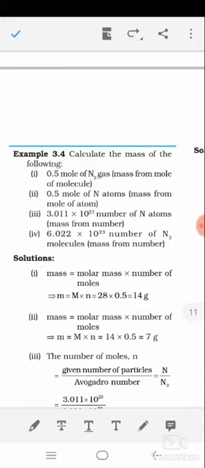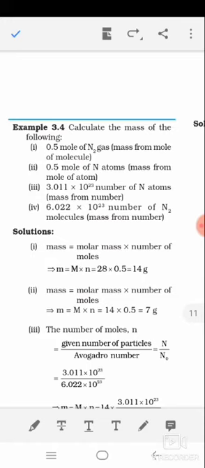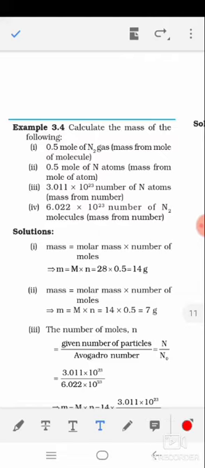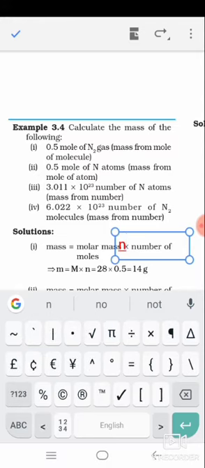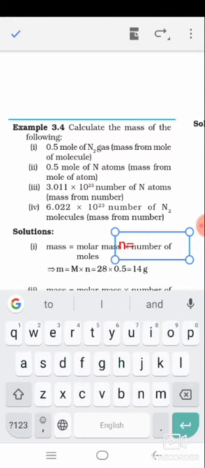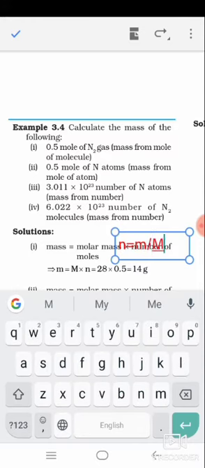So please remember our equation: n is equal to given mass divided by GMM or GAM, meaning given mass divided by molar mass. By using that, you can arrange this equation. How? The number of moles n is equal to given mass divided by molar mass, meaning GAM or GMM.